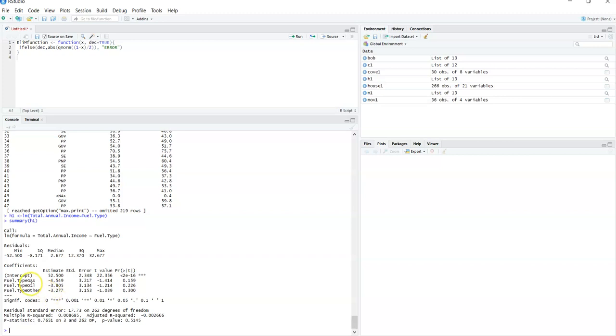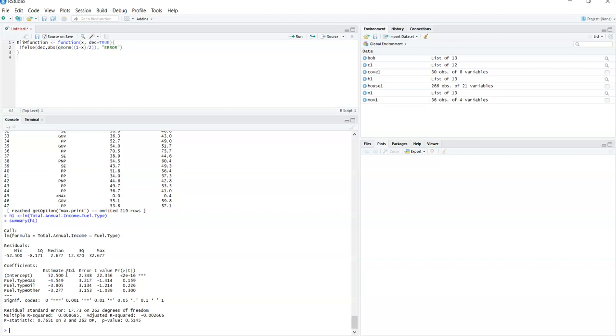The answer is when all these variables are 0. So if you go 0, 0, 0, you end up with the y-intercept. I don't know if you noticed that. When you plug in 0 for gas, 0 for oil, 0 for other, you end up at 52.5. That is your estimate for salary based on this one variable, fuel type electric.